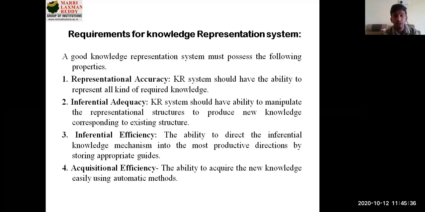The next property it needs to possess is inferential efficiency. A system needs to be accurate, adequate, and also efficient. If a knowledge representation system needs to be efficient, it needs to be able to direct the inferential knowledge mechanism into the most productive directions by storing appropriate guides.